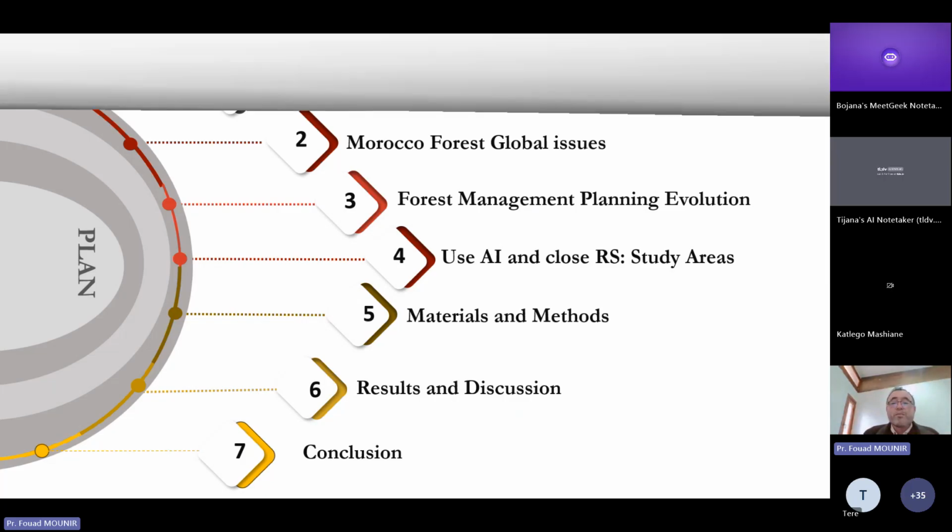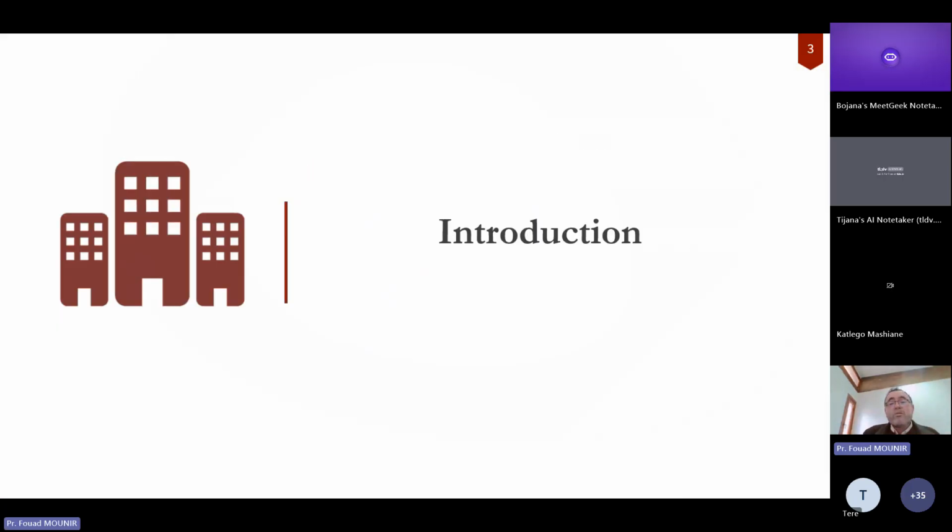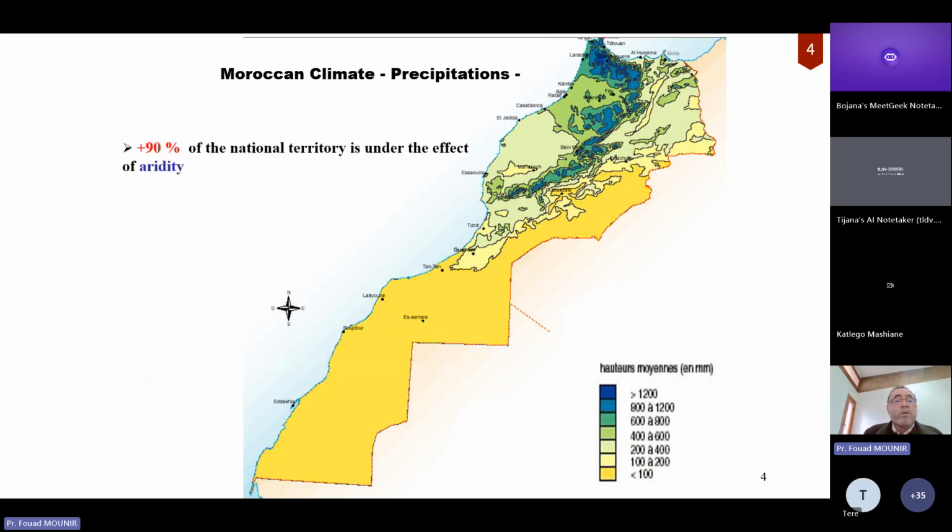by a conclusion. As an introduction, we can say that more than 90% of Morocco's land is suffering from aridity. The bioclimate that is prevalent in Morocco is arid climate, according to the classification of bioclimates.